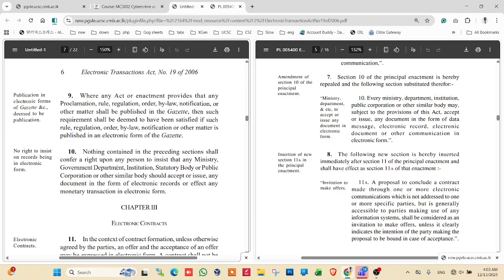People can't go and say it is enacted, so therefore you have to give this. This says give in any way or form, but this says nothing contained in the section may confer a right upon any person to insist. That means I can't go and ask, right?